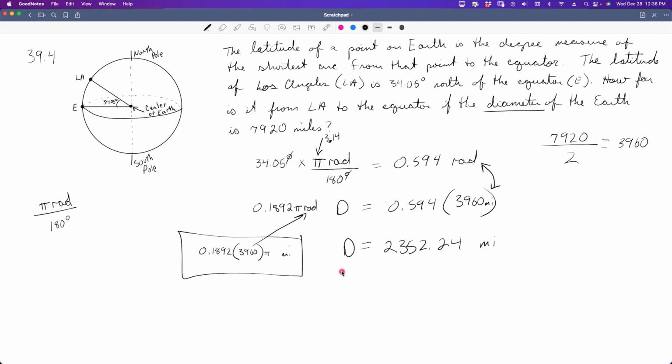So now I will say, as always, this one is the less accurate. This is just the rounded off red-headed stepchild of pi. This is still the most accurate one.